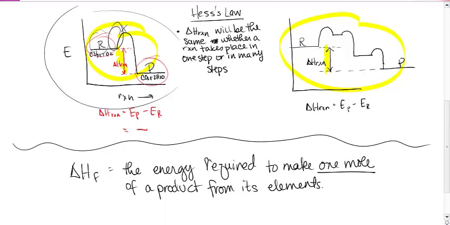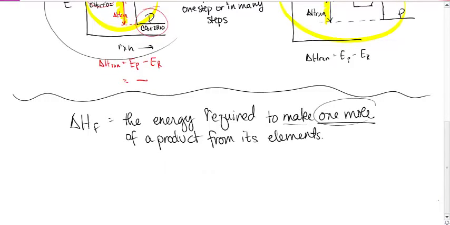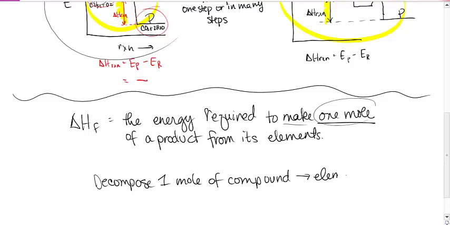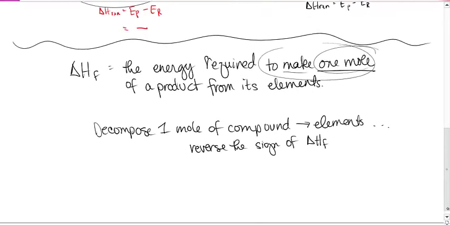So it's always talking about making 1 mole from elements, which, if you think about it, means that if you wanted to decompose 1 mole of a compound to its elements, you would have to reverse the sign of the delta H sub F to make it opposite. So if it was exothermic to make 1 mole, it would be endothermic to break down 1 mole.